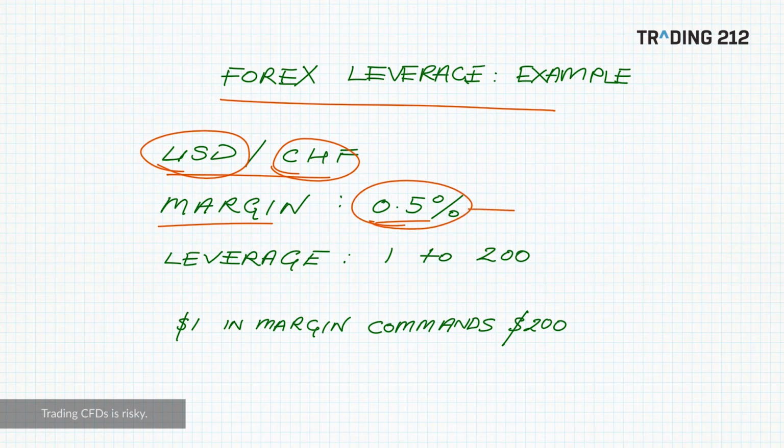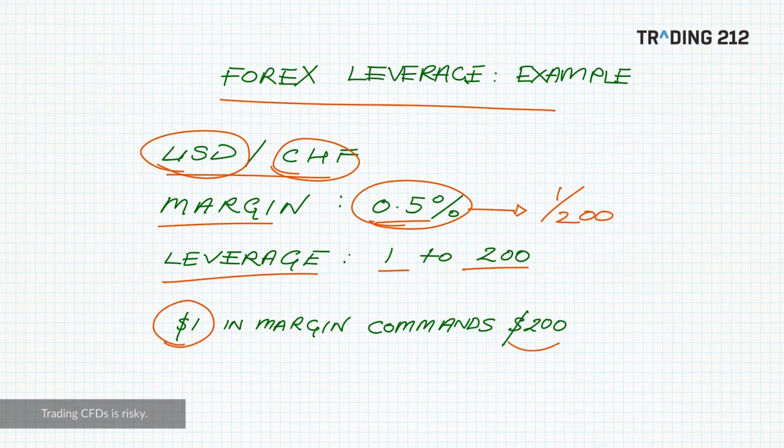Now, 0.5% is 1/200th. So the leverage is 1 to 200, i.e. $1 in margin is going to command $200 in underlying currency value.